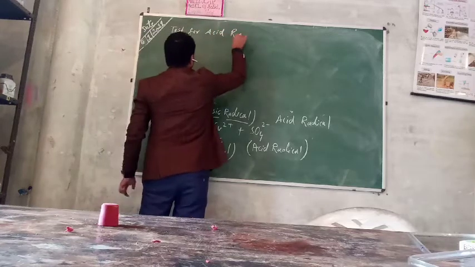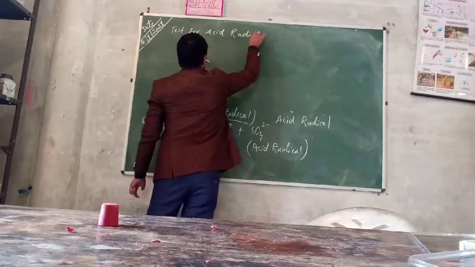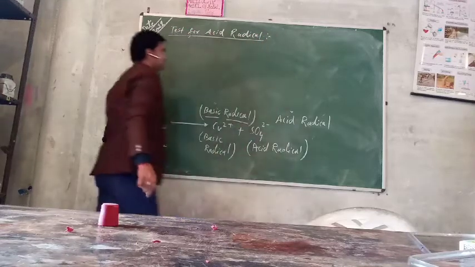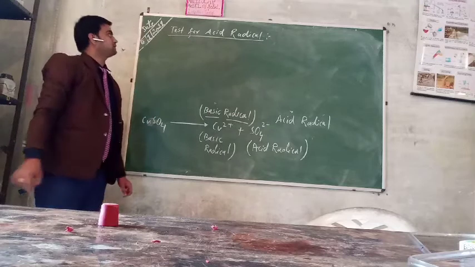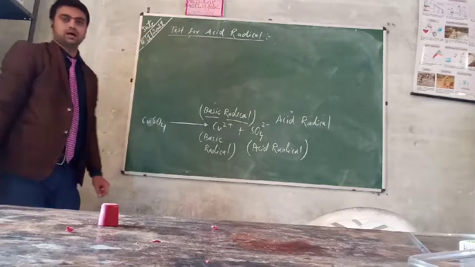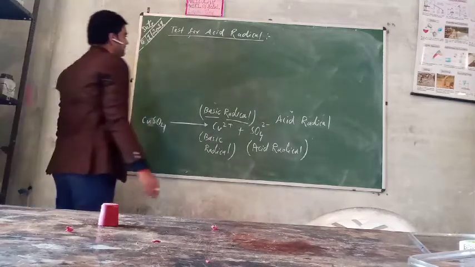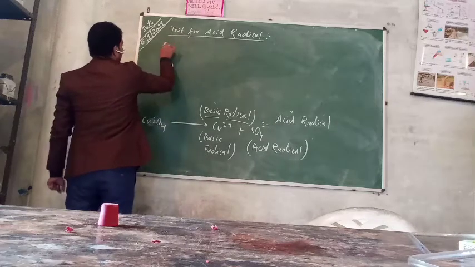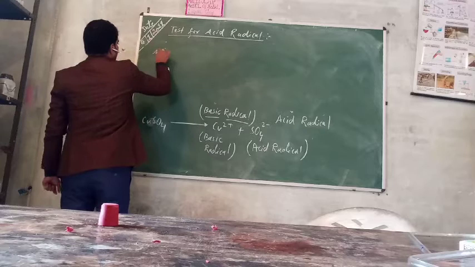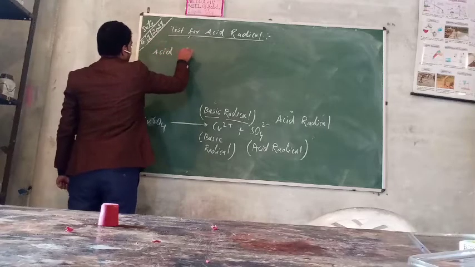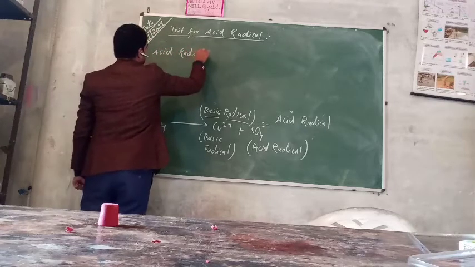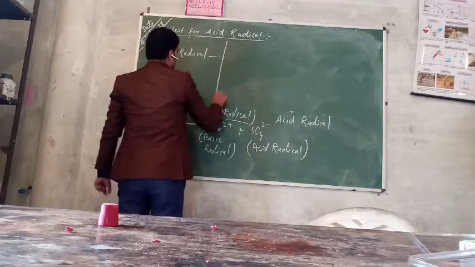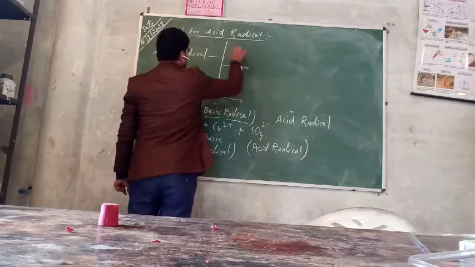First of all, we test the acid radical, then after that, we test the basic radical. So first of all, we talk about the test for the acid radical, how the acid radicals are tested. The acid radicals are divided into three groups: group first, group second and group third.